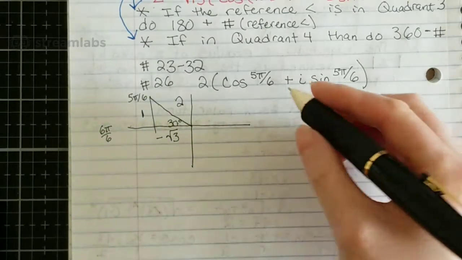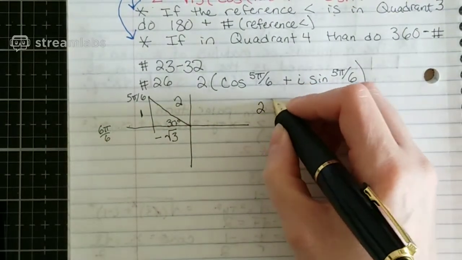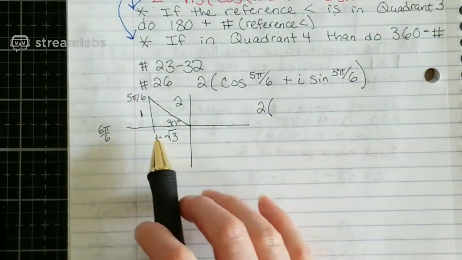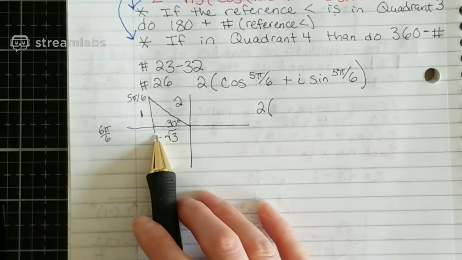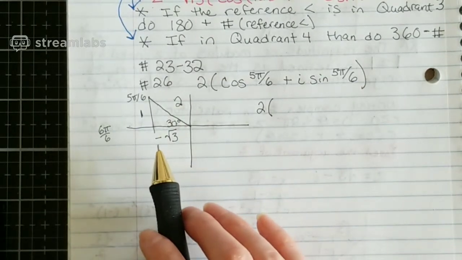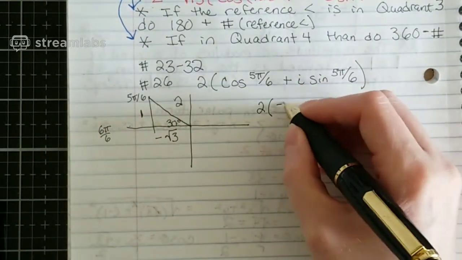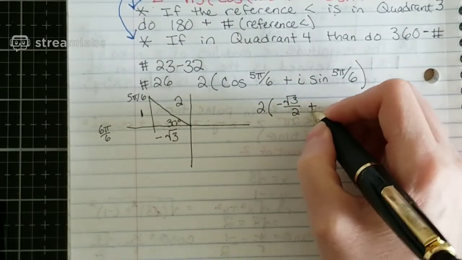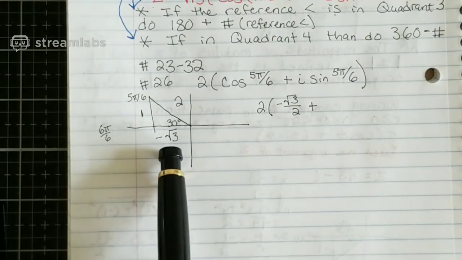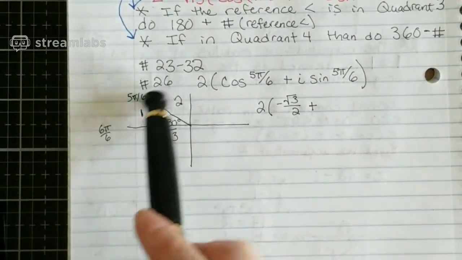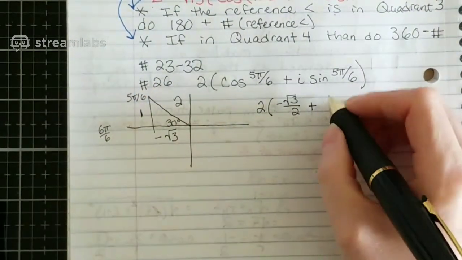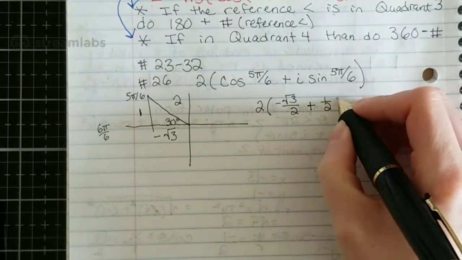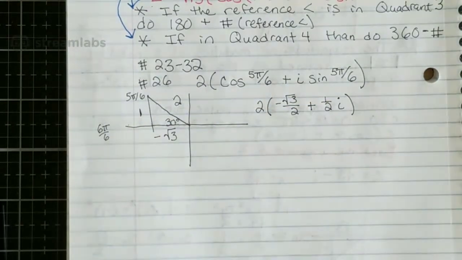Now what I want to do is 2 times, what is the cos of 5 pi over 6? You're going to look at your triangle and figure out what that is. That would be negative square root 3 over 2, plus, then look at your triangle and figure out what's the sine of 5 pi over 6. That's going to be 1/2, and you still have that i in there.